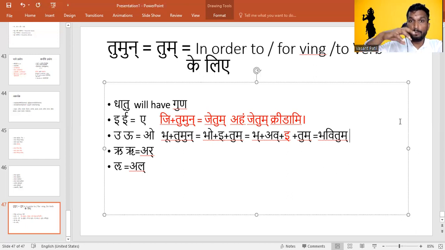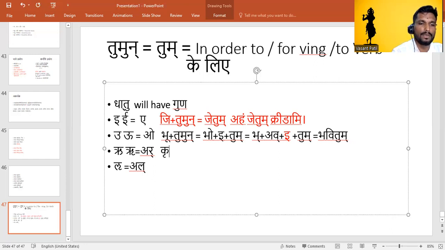In order to become an engineer, I study. Aham abhiyantrikam bhavitum pathami. Okay. In order to become a devotee, aham bhaktah bhavitum ichhami. Aham bhaktah bhavitum prarthayami. In order to become a devotee, I pray. Okay. Kru dhatu. Now, ru example we'll see.